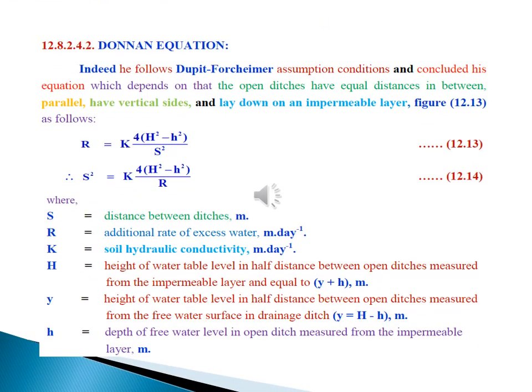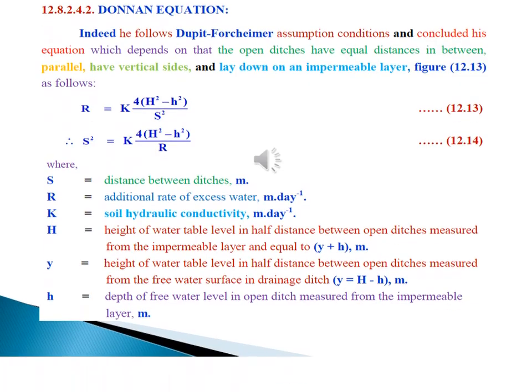Donnan equation. Indeed, he followed the Dupuit-Forchheimer assumption conditions and concluded his equation, which depends on the open ditches having an equal distance in between, being parallel, having a vertical size, and lying on an impermeable layer, as shown in the enclosed figure and equation.